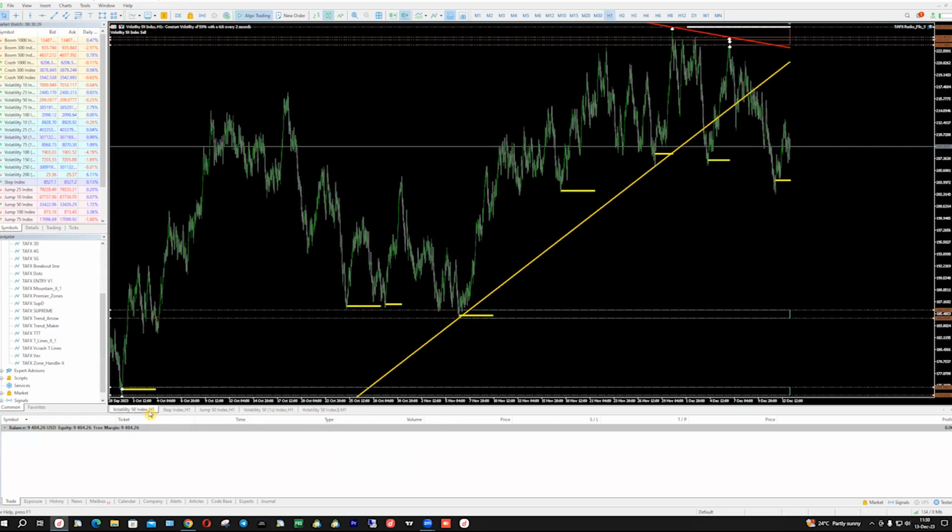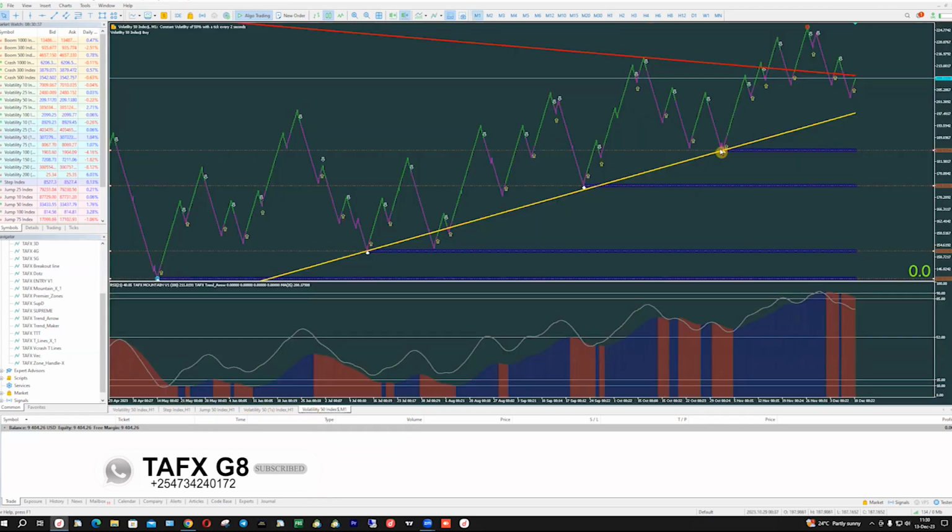All right, guys. That is something that you really need to spot before taking any of the trades. You can see we have a good entry here after this trend line. We have a super zone here, which indicates it's a buy. So we are not advising you to sell here, or to buy here if there is no buy opportunity or trend maker.